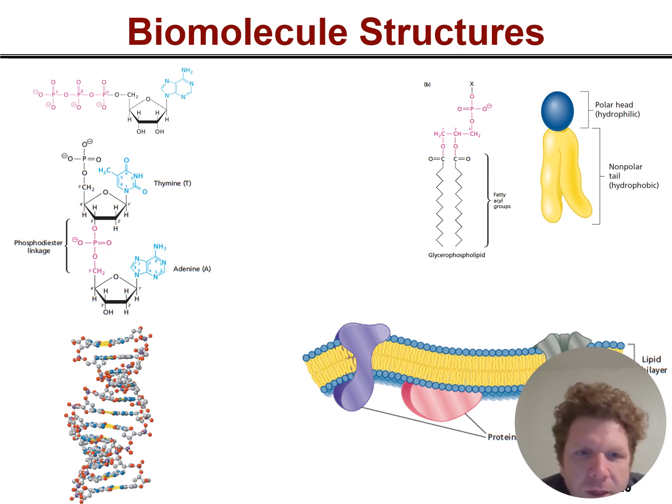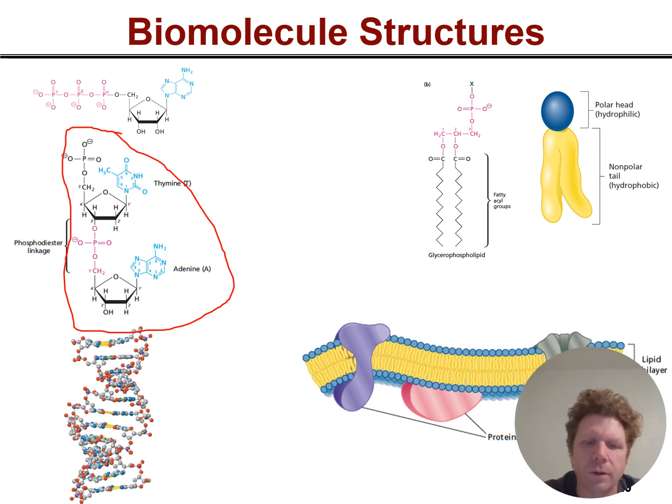Now, on the left-hand side here, and on the right-hand side, we got a couple of different examples where we're kind of doing the same thing. Now, on the left-hand side, what I want to draw your attention to is this right here. That right there is basically one side of this molecule, which is shown below, a double-stranded piece of DNA.